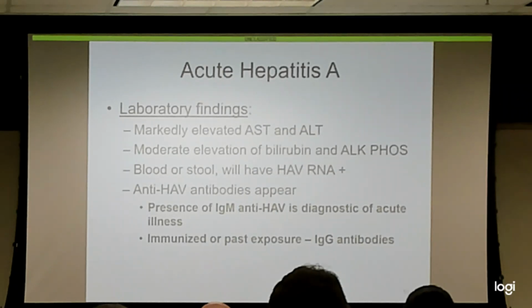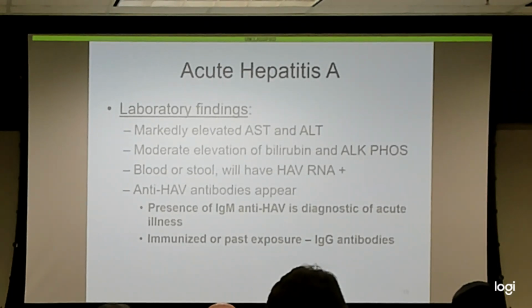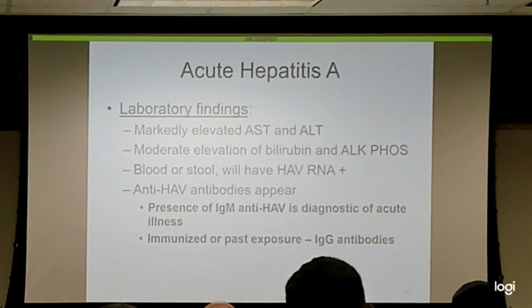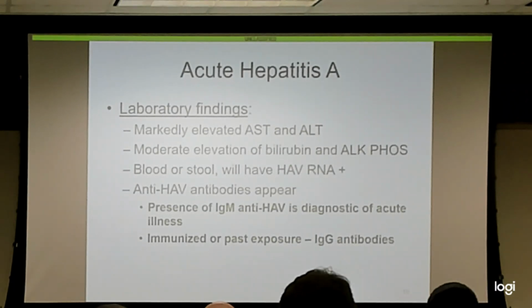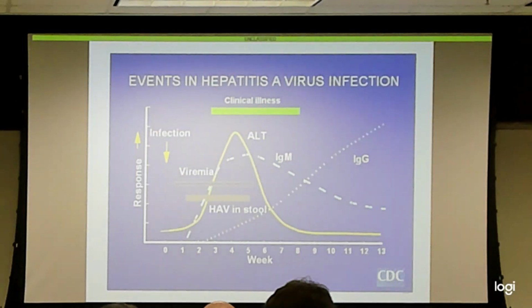So in the stool, you can get the RNA sample, so it goes through to the stool. The anti-HAV antibodies appear. Presence of IgM. So IgM is what? Acute or chronic? Acute. What's IgG? Chronic. Excellent. You guys are so smart. Immunized or past exposure, they get the IgG antibody.